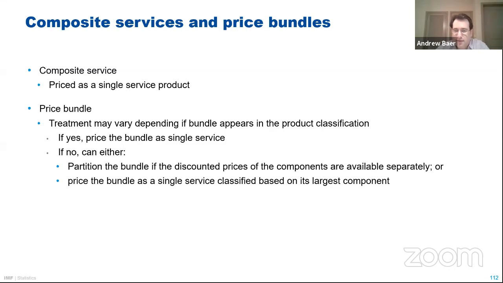If it doesn't, then your question is, are the prices for the bundle, can they be split up? Can the telecom company tell you, yes, we offer a bundle of telephone, internet, and programming, but I can tell you that in our internal systems, we allocate different prices to those three components, so we can split it up and price it separately.